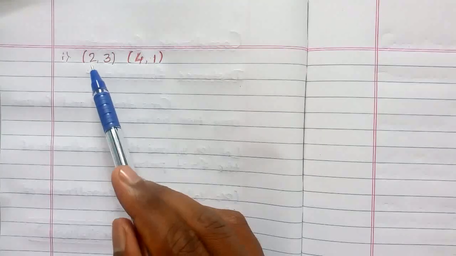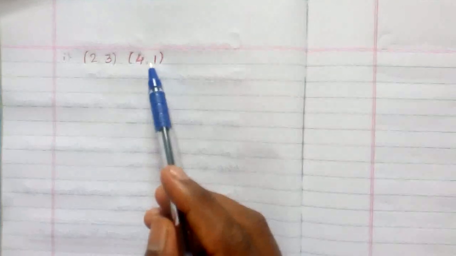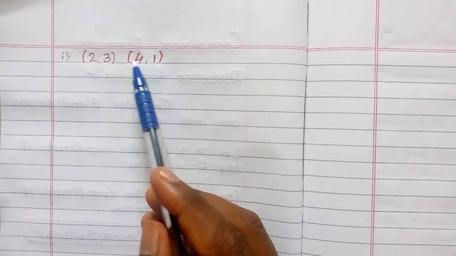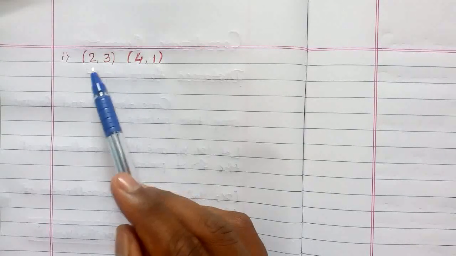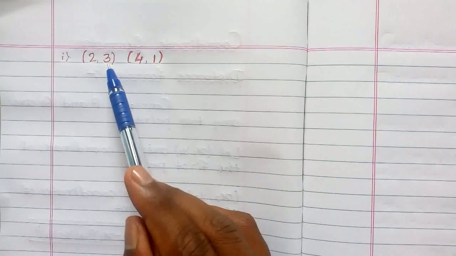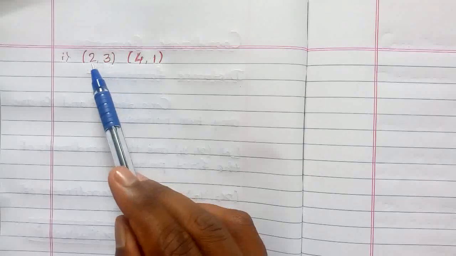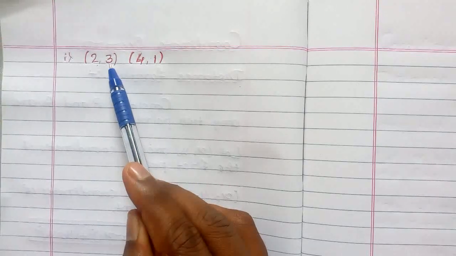Here (2, 3) is the first point and (4, 1) is the second point. x1, y1 are the coordinates of the first point. Always the first number is the x value and the second number is the y value. Here x1 is 2, y1 is 3.